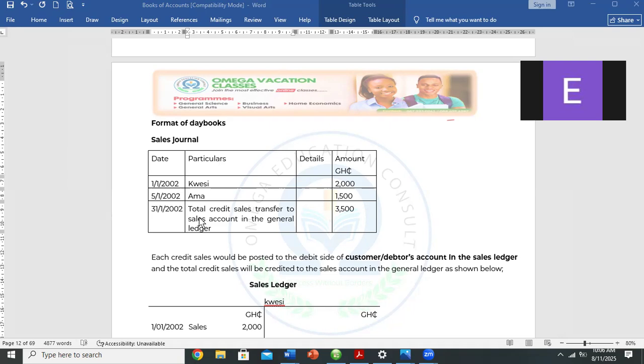Or if there are questions, let me pause to pick up a few questions. Okay, so in order not to make it so complicated, let's take an example and prepare the sales daybook or the sales journal.